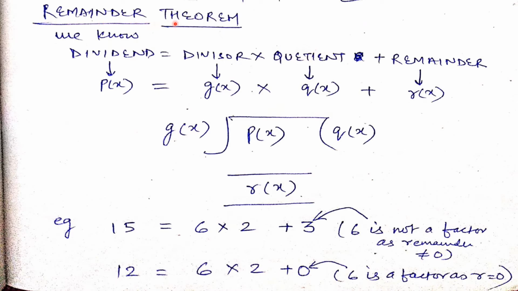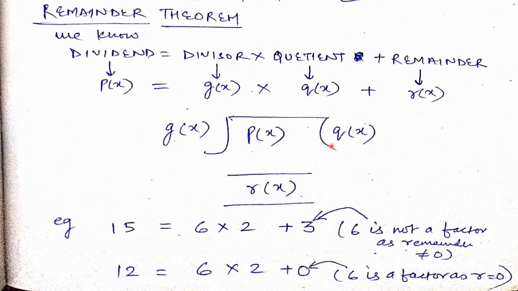Next topic is remainder theorem. Before we start this theorem, first of all, let's recall something that we have done in earlier classes. Whenever we divide something, we have a dividend. Suppose I name it as polynomial p(x). We have a divisor. Suppose I name it as g(x). We have a quotient.